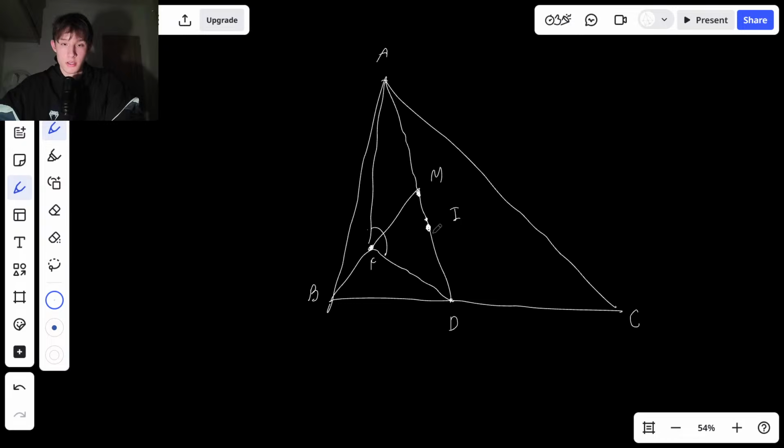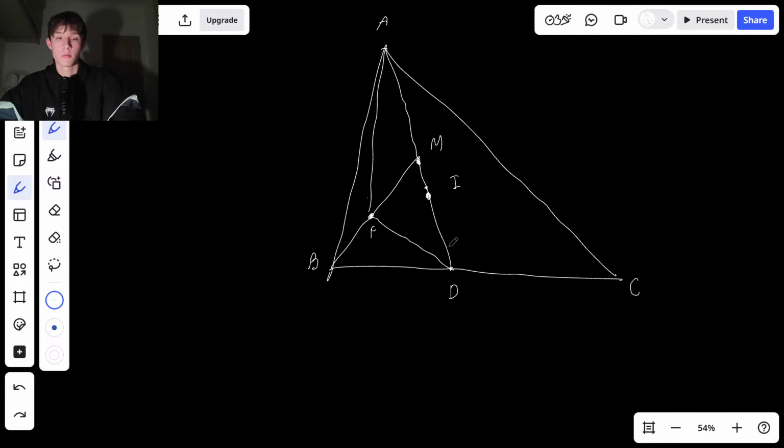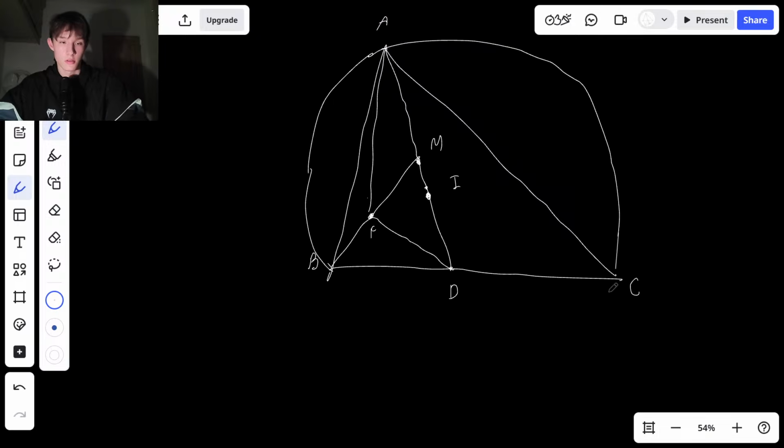It's 90 plus beta. Nothing really interesting here. But probably instead of going for I, we should go for W because it looks like a bit more perspective there. So let's draw the circle. I know it's a bad circle, but it is what it is. Okay, let's draw W here.